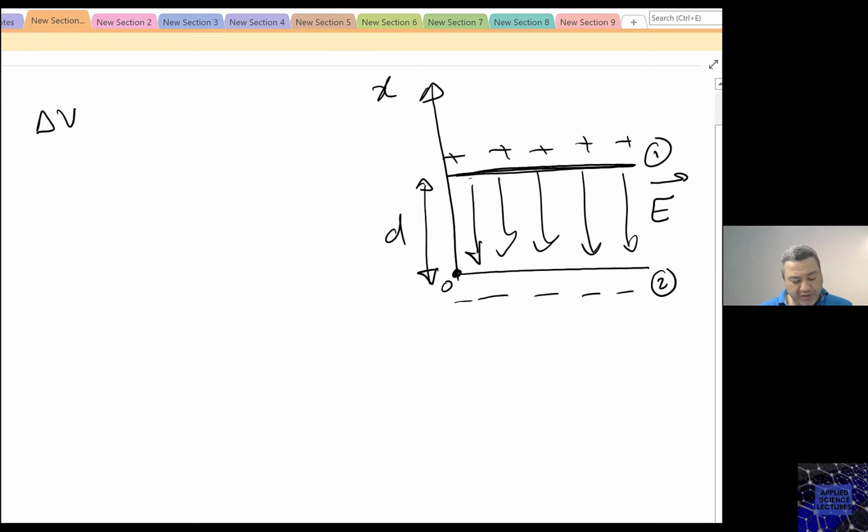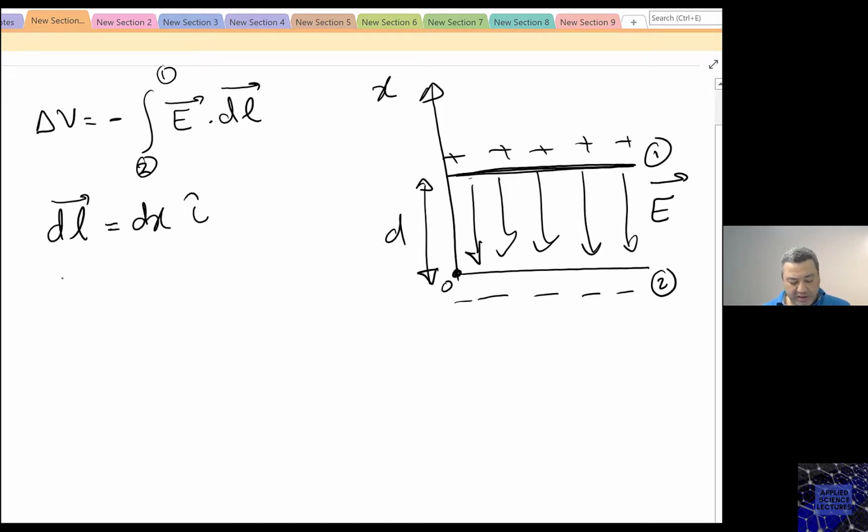The potential difference equals minus the integration from the negative toward the positive, so from 2 toward 1, of the electric field dot the differential vector element dl, and as you can see here, dl as a vector is dx I hat, and the electric field, as we said earlier, is minus sigma divided by epsilon, also I hat.